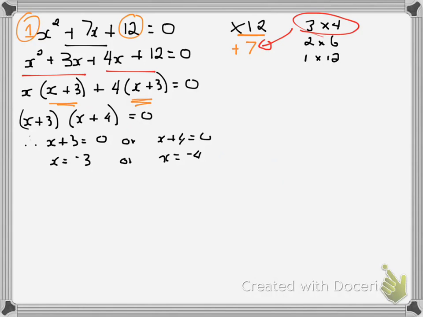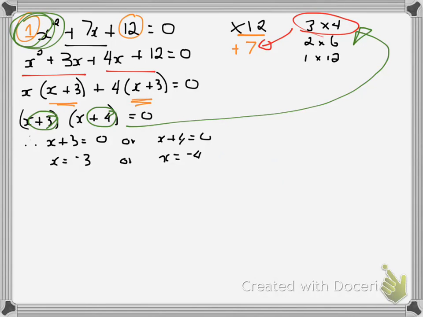Now, there is one little stipulation here, and it's a simple case. You will notice that in this case, the 3 and the 4 actually came from those two numbers there. And that was simply because the number in front of the x squared was a 1.